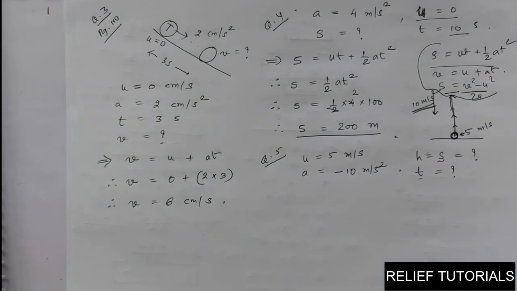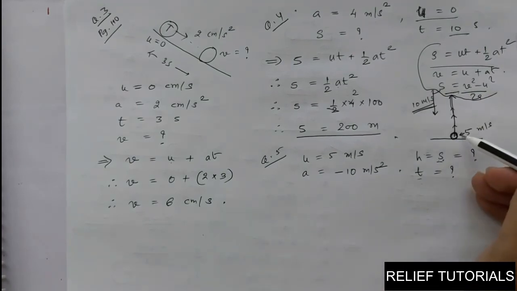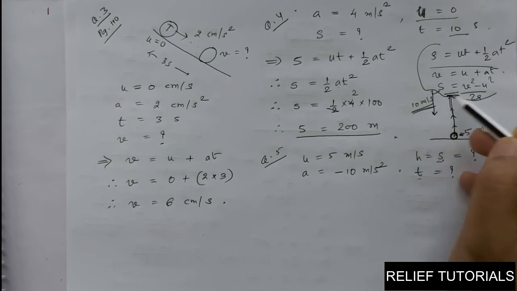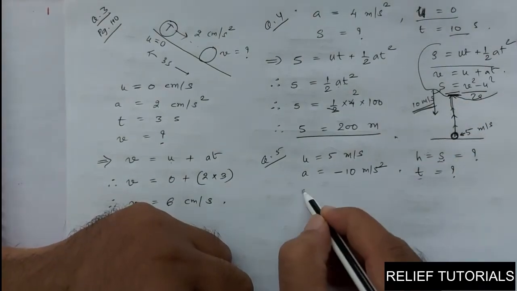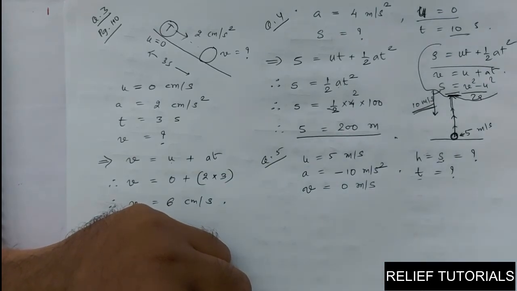So if you read the question carefully, here the particle is going in the upward direction. Here the velocity is 5. As it goes up, velocity decreases from 5, let's say to 4, then 3, then 2, then 1, and at the last moment its final velocity becomes 0. So here we can say final velocity is 0 meter per second.